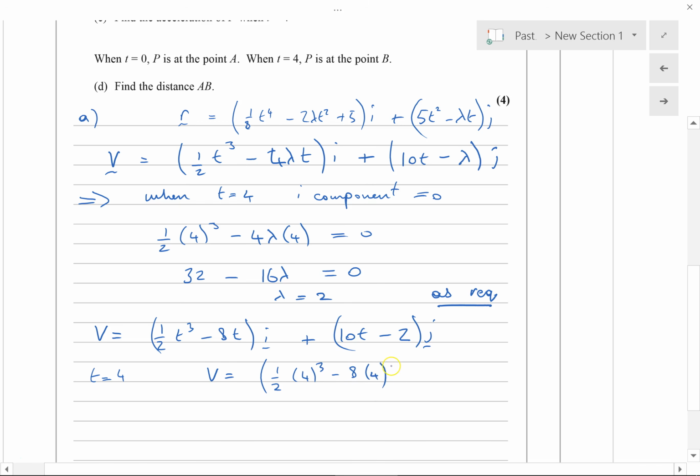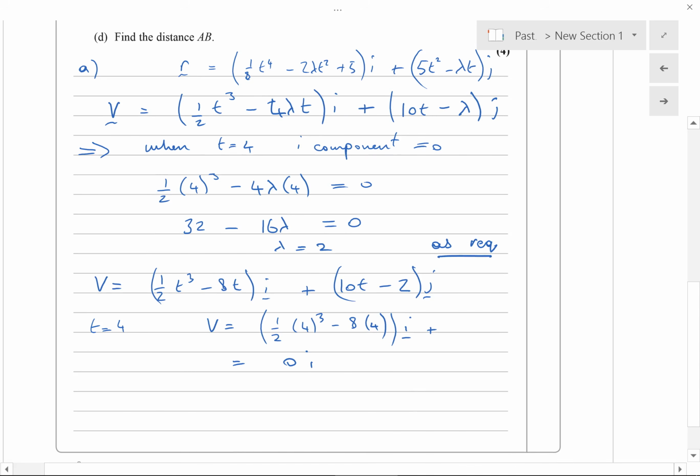Well, actually, we know that's 0, so that's a bit of a waste of time. We knew, never mind. Sometimes that happens. I've just done that. I'm feeling a bit silly, really, because I should have known that this was 0i, because it's told me already that it's moving parallel. So I'm feeling a bit silly, but I'm not going to go back on it.